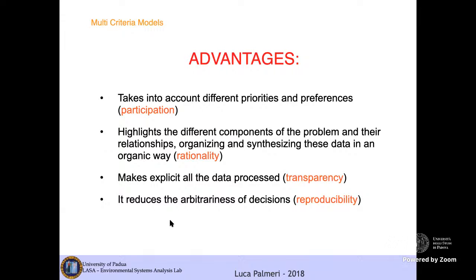So it takes into account different priorities and preferences, which allows participation. It highlights the different components of the problems and their relationships, organizing and synthesizing this data in an organic way. This goes toward the rationality of the methodology. It makes explicit all the data processed, so this goes in the direction of transparency. It reduces the arbitrariness of the decisions, and this goes in the direction of reproducibility.